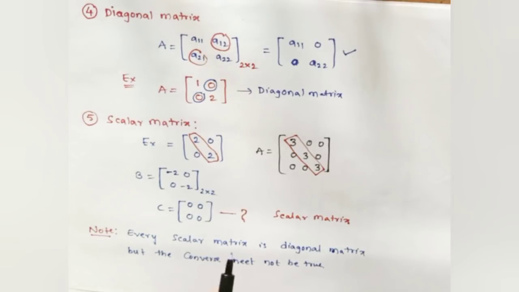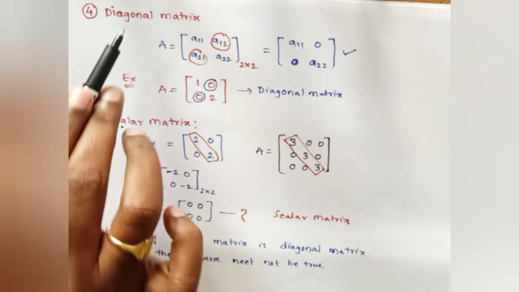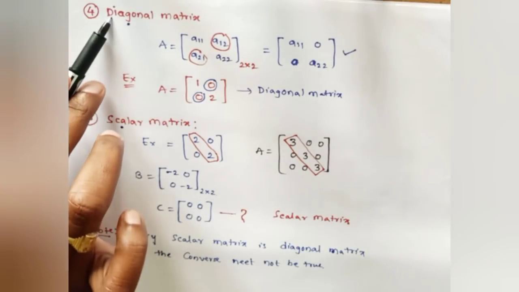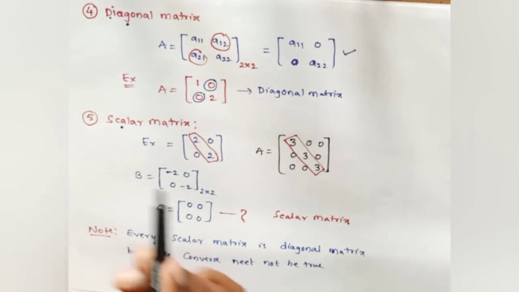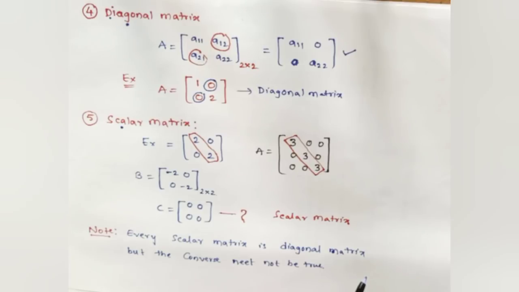That means every scalar matrix is a diagonal matrix, but a diagonal matrix may or may not be a scalar matrix.